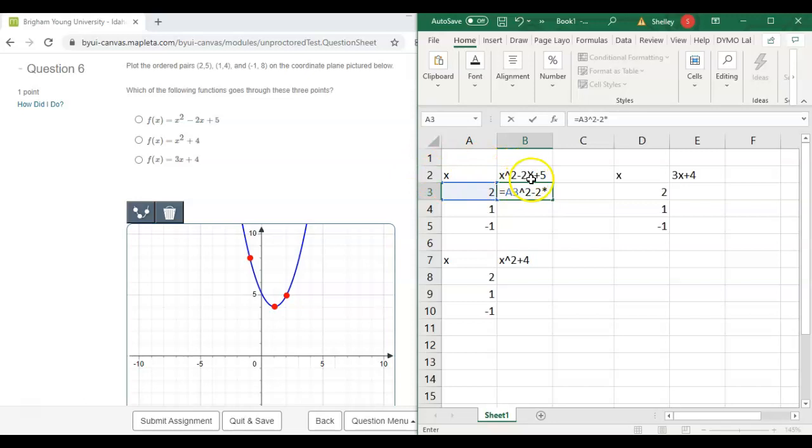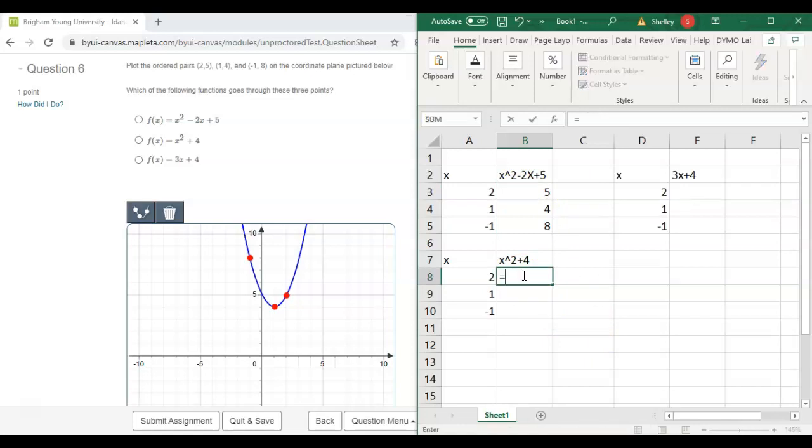It doesn't understand what to do in between the 2 and the x if we leave it blank. So 2 times, again, the same variable, so we'll reference it again, and then add 5. Double checking we have all of this written correctly: we have our cell, or the variable, squared, minus 2 times that same variable, add 5. It looks good. We're going to press enter and fill in the rest of the chart.